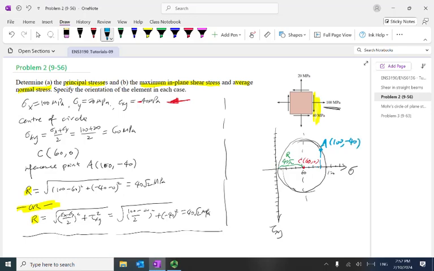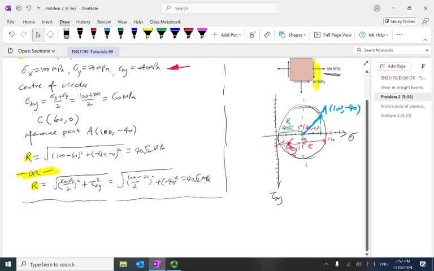From here we can see A is here, and CA is R. Or, sorry, from the sigma average point, that's why we can work out sigma 1. Sigma 1 is here. It's sigma average plus the radius.